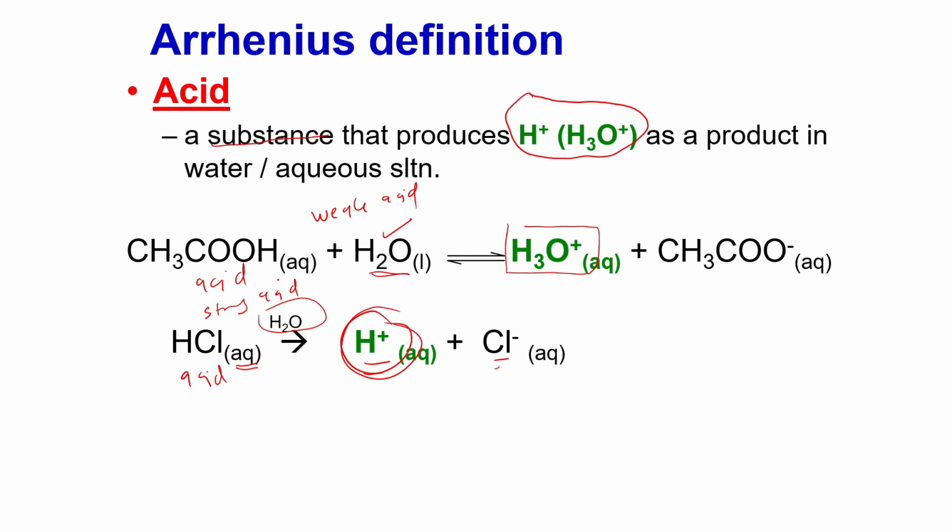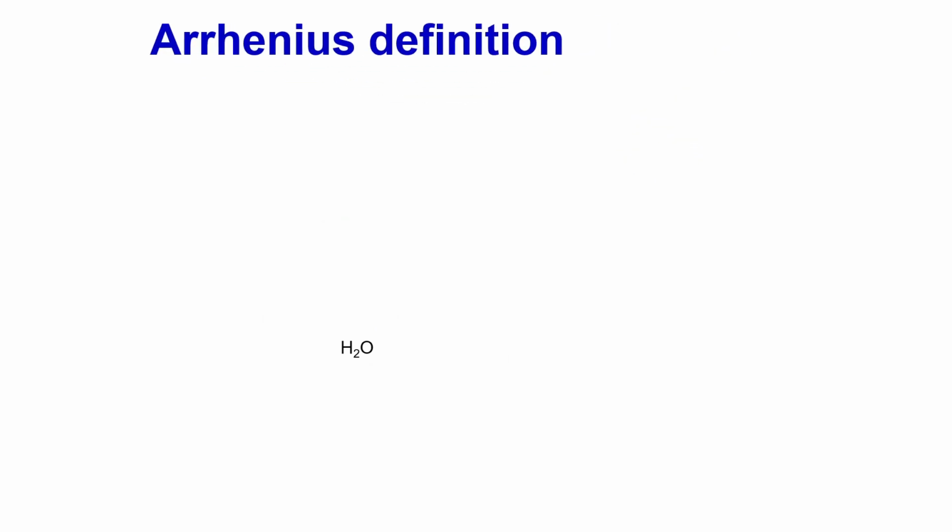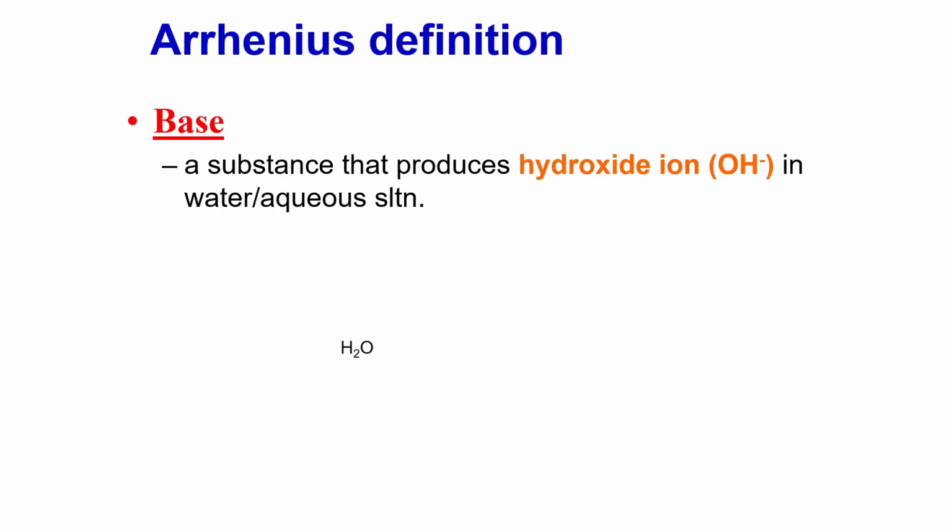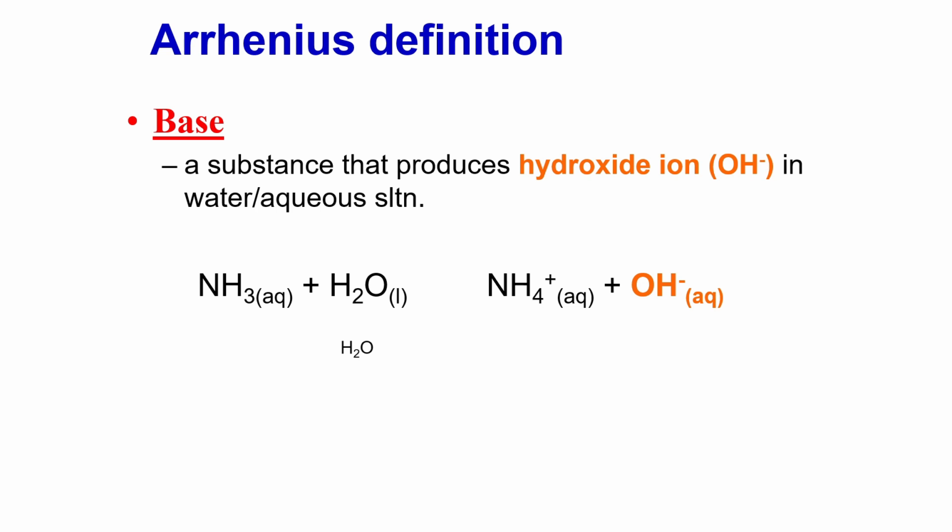Jadi substance ni kita consider dia sebagai Arrhenius acid. Tapi untuk base opposite dengan Arrhenius acid. So untuk base, a substance that produce OH- after react with water, dia ialah base Arrhenius. Okay, for example here in equation, so NH3 is one example of weak base.